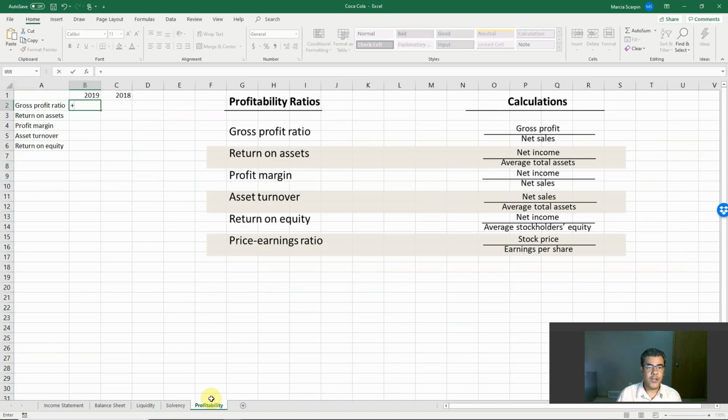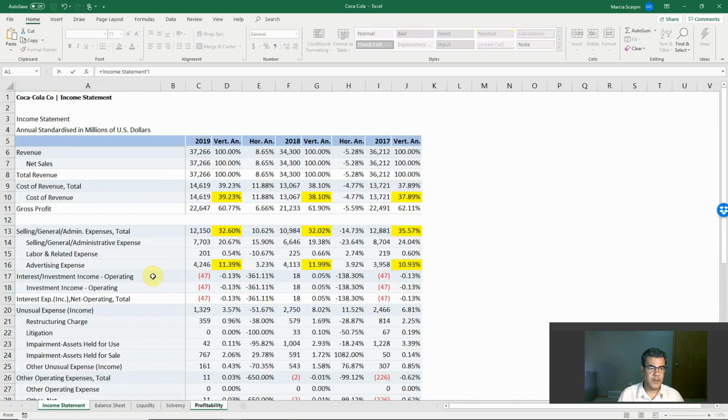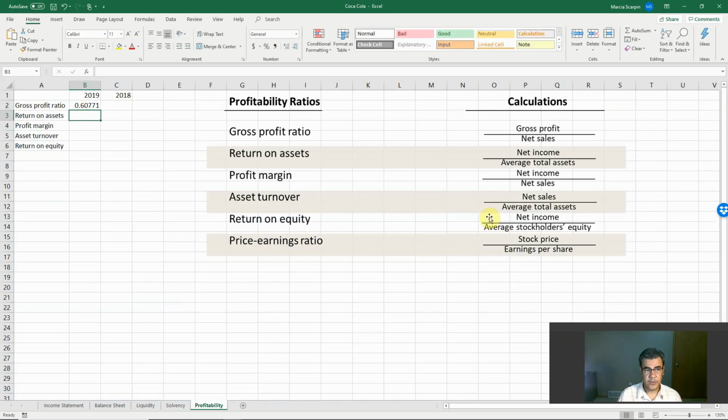Okay? Gross profit ratio, gross profit divided by net sales. Income statement. So income statement here, gross profit divided by net sales. And these ratios here, they are all in percentage, but asset turnover and price earnings ratio.